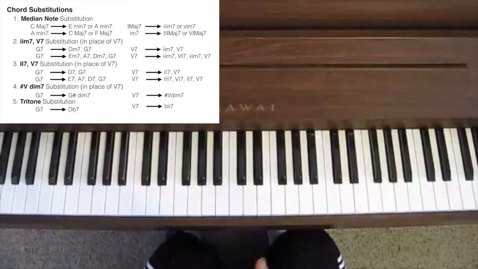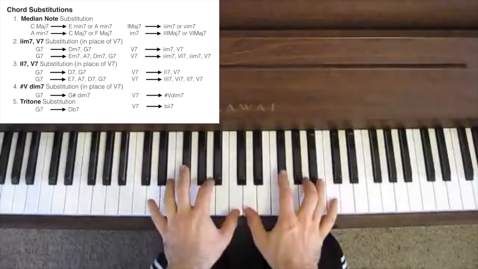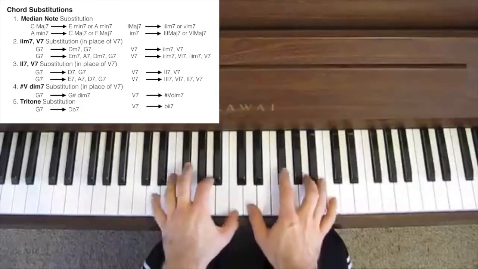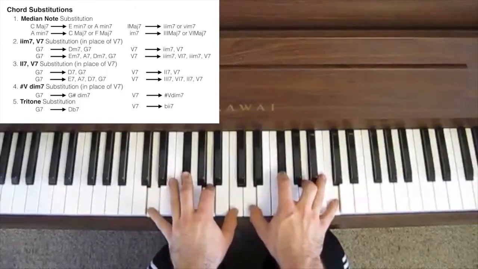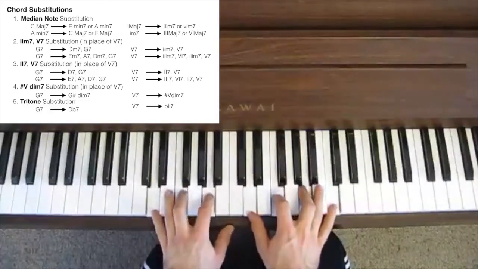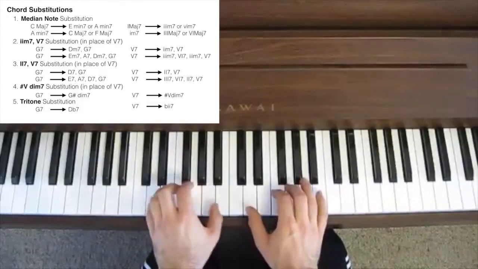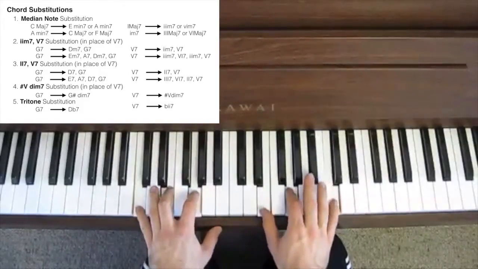The third way I'm going to show you is effectively the same thing. You substitute a 2-5, but instead of playing the minor, you play the dominant. So instead of playing D minor 7 to G7 to C, you play D7 to G7 to C.